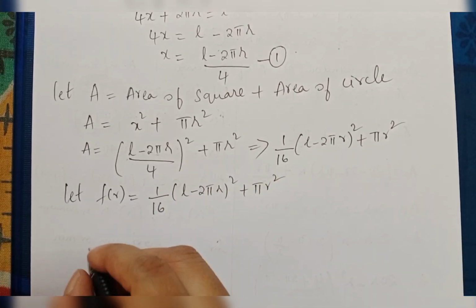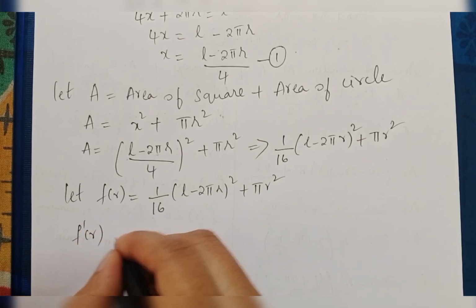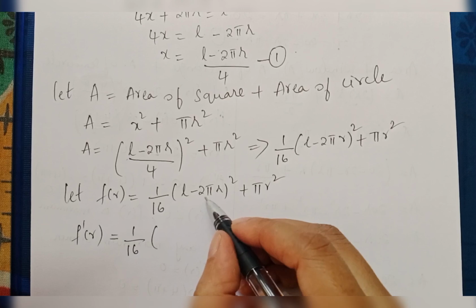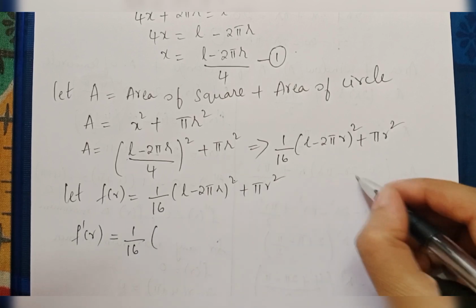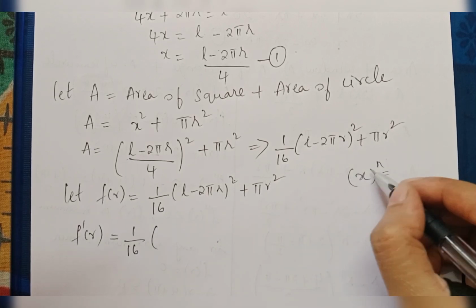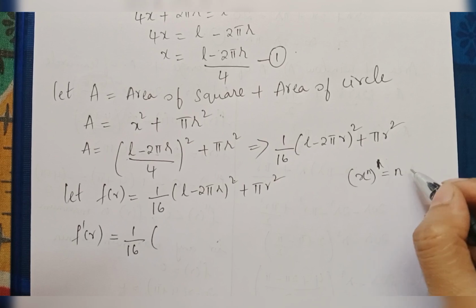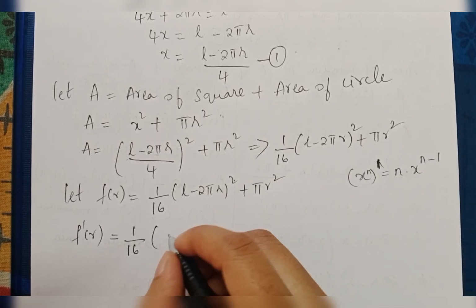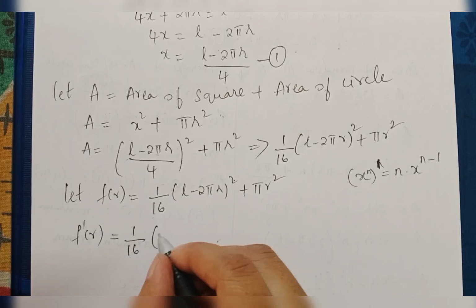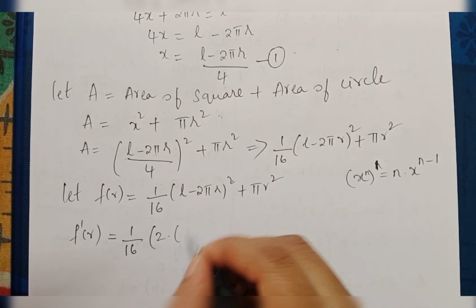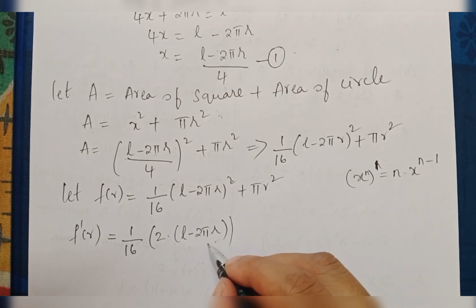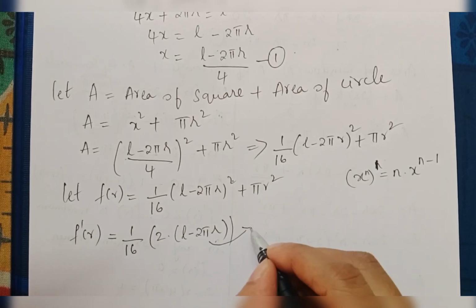Differentiate with respect to r, so f dash of r is equal to 1 by 16 into, this is x power n, whose derivative is n into x power n minus 1. So it is 2 into the same factor (L minus 2 pi r), and then the derivative of the inside again.